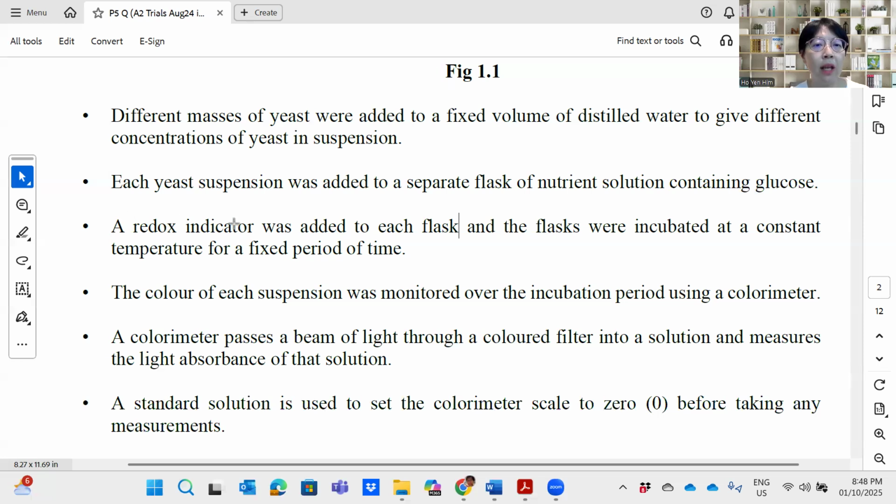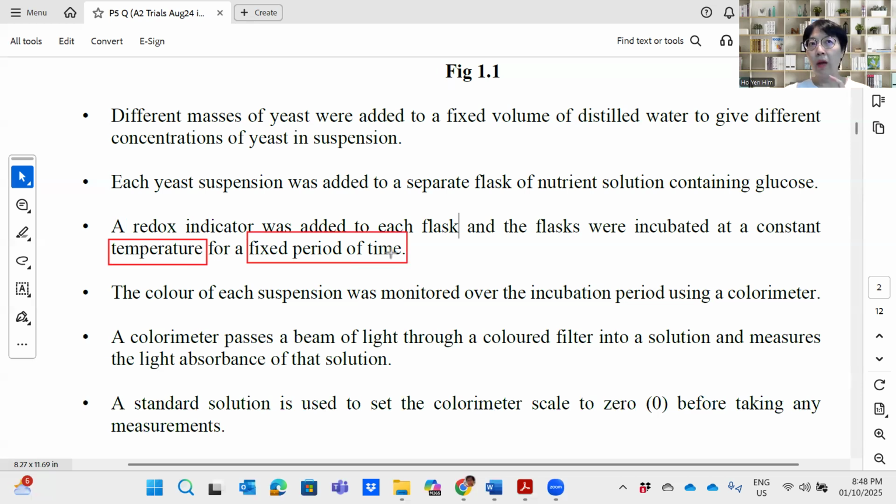A redox indicator was added to each flask, and the flasks were incubated at a constant temperature for a fixed time period. So, let me change the color. So standardized in terms of temperature is constant, standardized in terms of a fixed period of time.